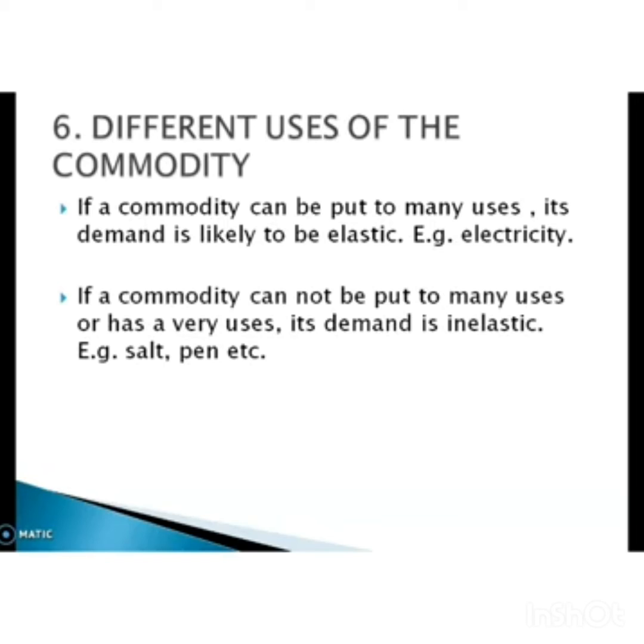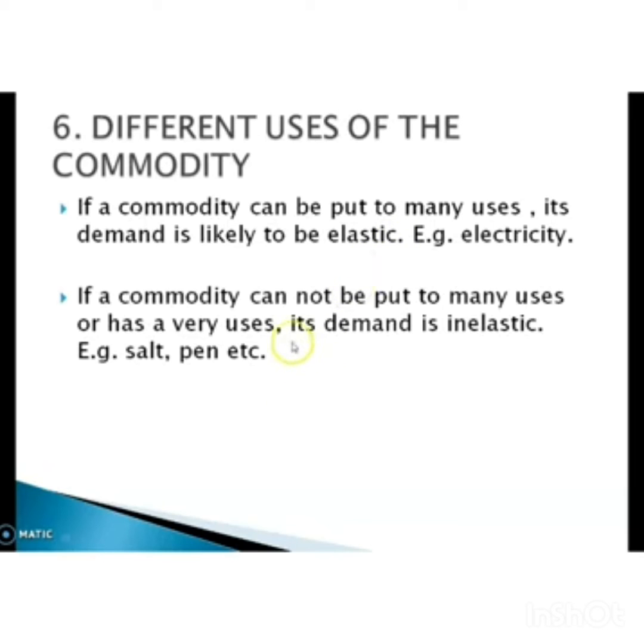When the price of such a commodity increases, it is generally put to only more urgent uses, and as a result, its demand falls. When the price falls, then it is used for satisfying even less urgent needs and demand rises. So if the commodity can be put to many uses, the elasticity of demand is very high.